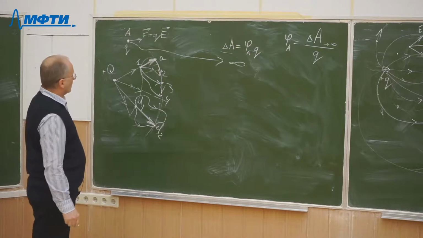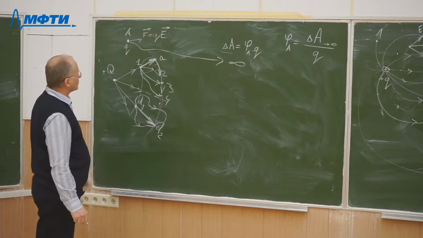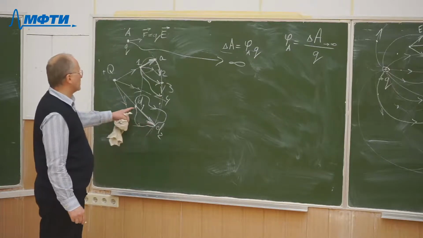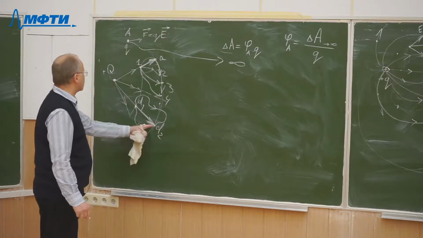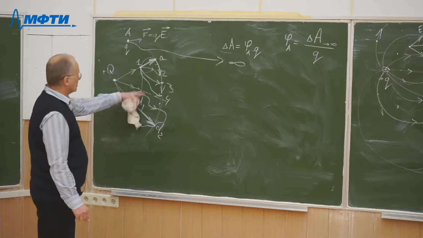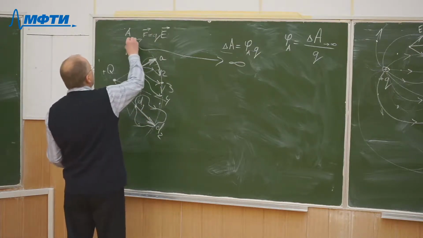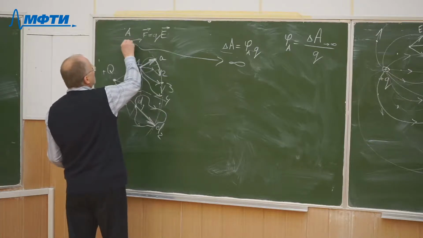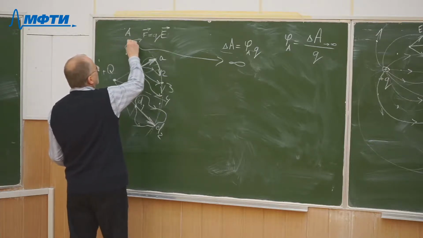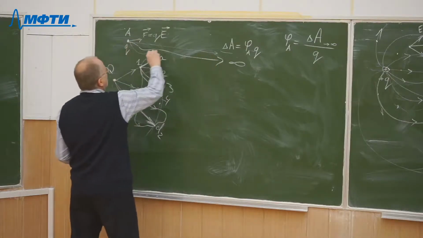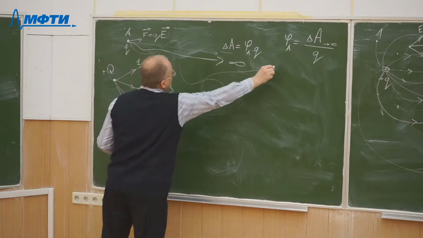For this reason, the work performed in an electrostatic field depends only on the initial point and final point, actually only on the change in distance from the central charge, and does not depend on the trajectory. It means that we may choose any trajectory for motion of the probe charge. We may move the probe charge from this point A to infinity using the direct line to infinity, or we might go using any line.